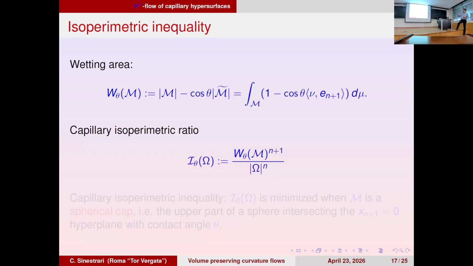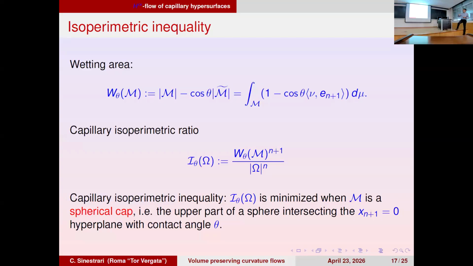And it turns out to be the correct definition in the sense that there is an isoperimetric inequality.